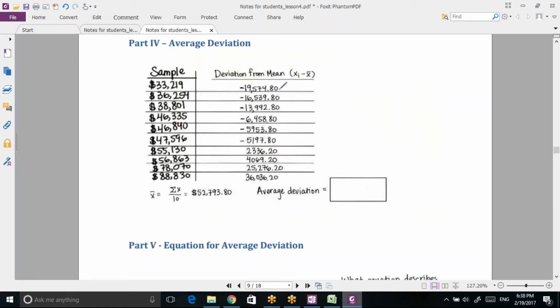Now find the average of this deviation. Find the average of this deviation. Is it 0, Jayashri?